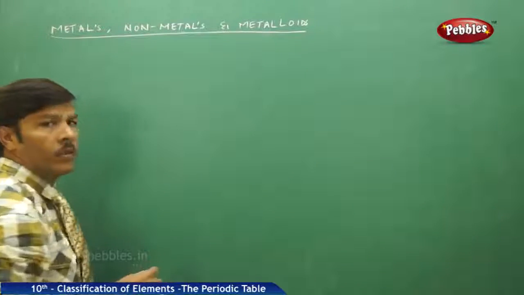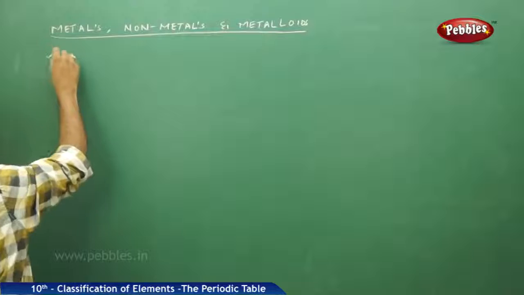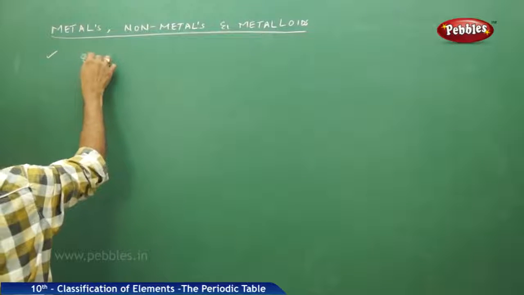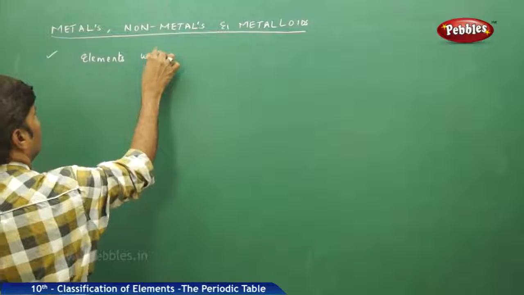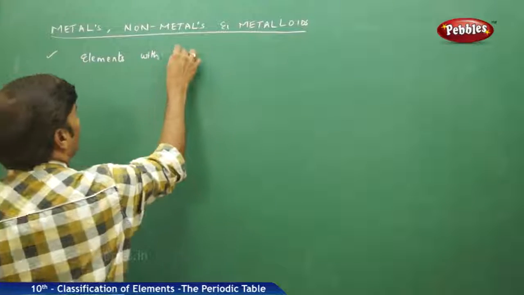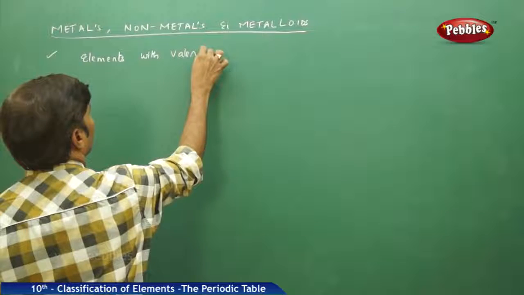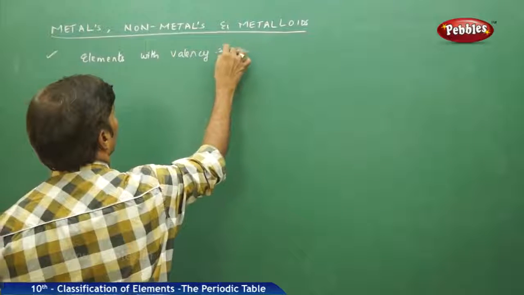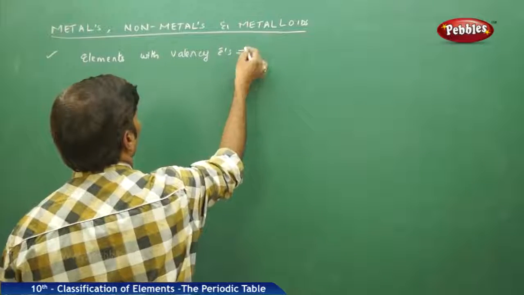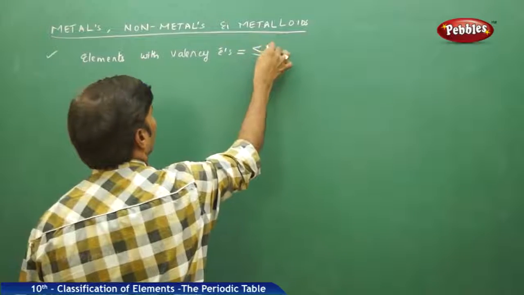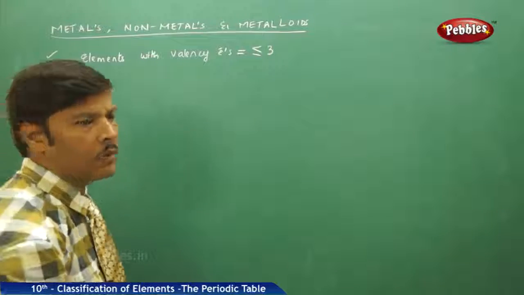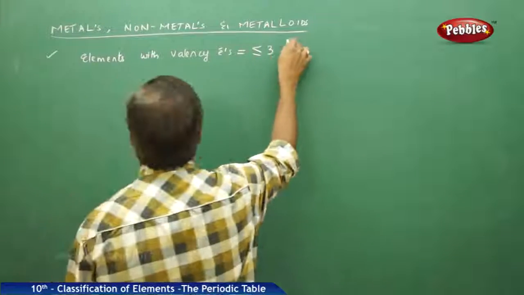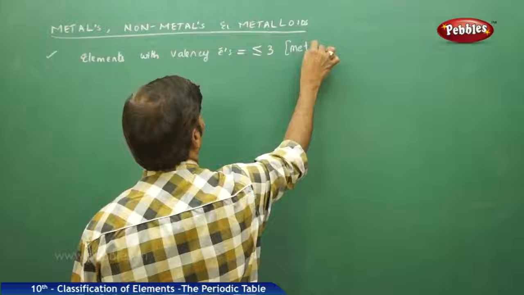So here, if you go for metals, generally elements with valence electrons less than or equal to 3 are generally termed as metals.